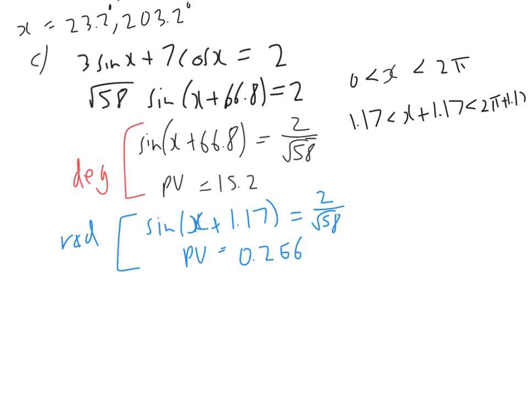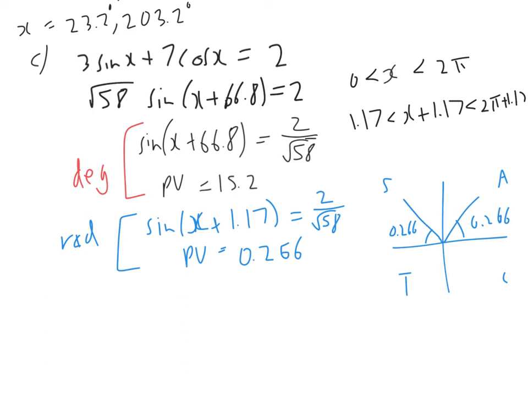Right, so on the CAST diagram, sine is positive in the first two quadrants, and the angle is 0.266 and 0.266. If we go round here, the 0.266 is less than 1.17, so it's not actually in the range for the principal value.